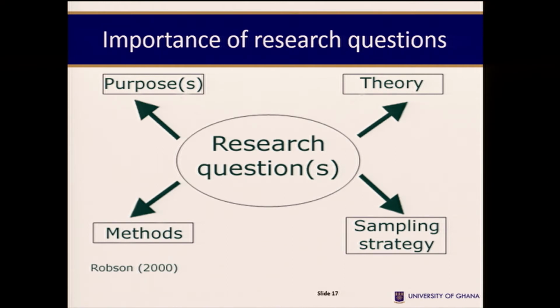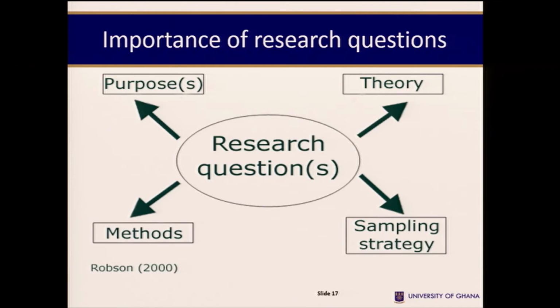At your level, we do not insist that you use a theory because you do not have enough time to do the research. However, at the graduate level, it is a must that you would use a theory. And so, if you don't have a research question, that will be difficult for you to come up with. It also directs the sampling strategy that you use and then the methods that you will use to collect your data.